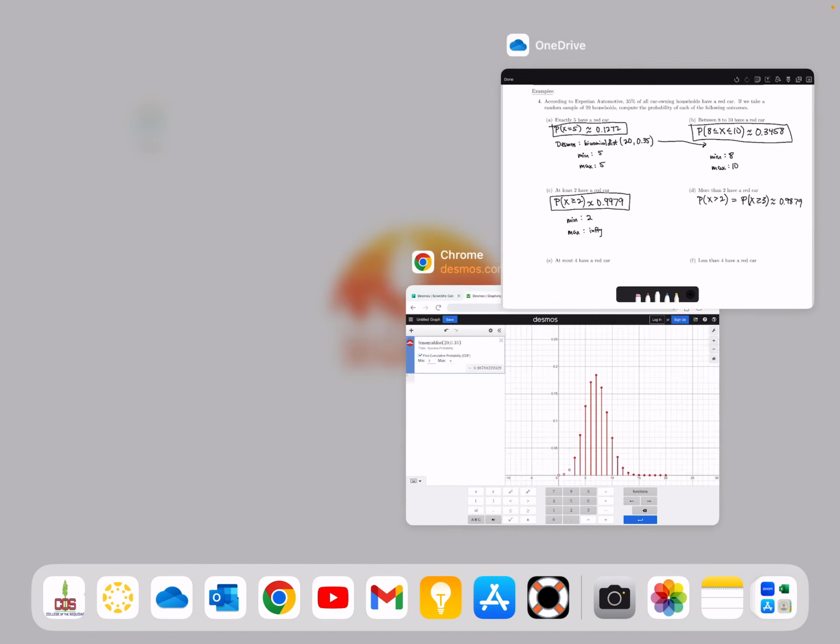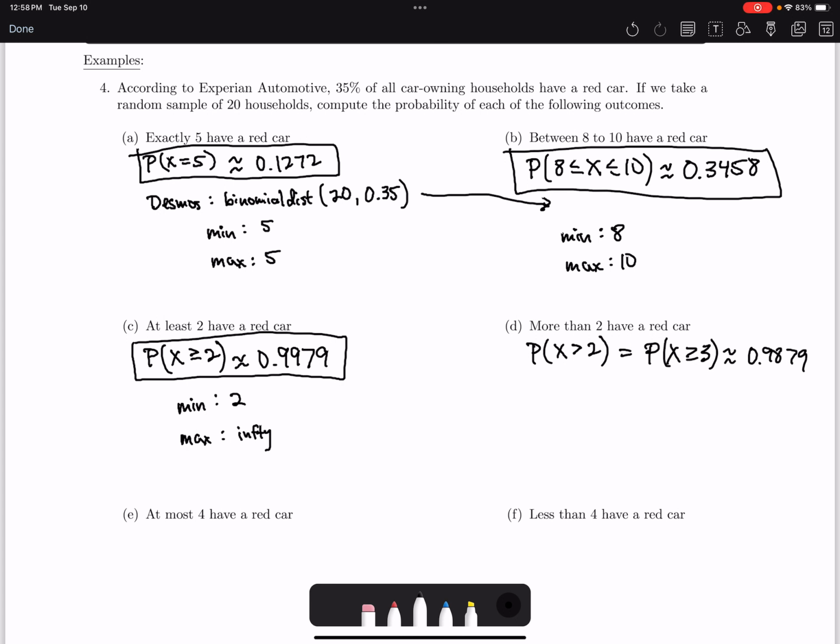Yep, 0.9879. And for this one, we put our min at 3, and our max, we still had infinity as our maximum. Okay, so that's how that one would work.